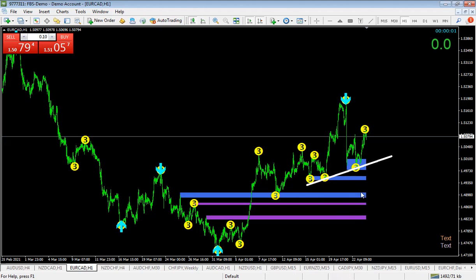So there is support here, support here, support here. So this trade will go down, because the trend direction is showing the market is going to go down, but it will go down with some kind of difficulty, right? And this is really not what we want. We want something that will go down with ease, right?